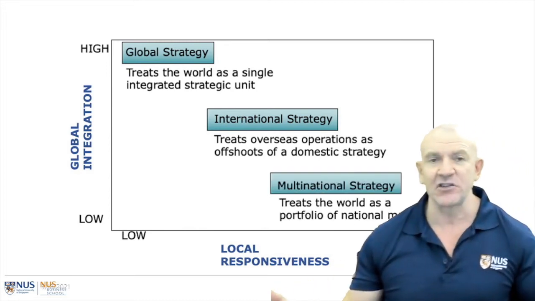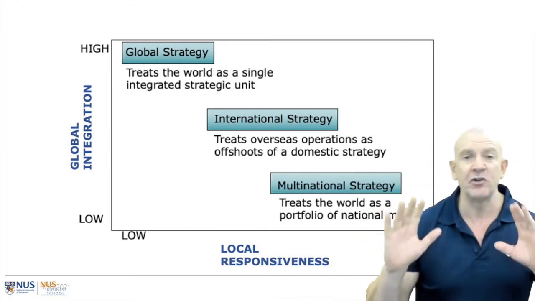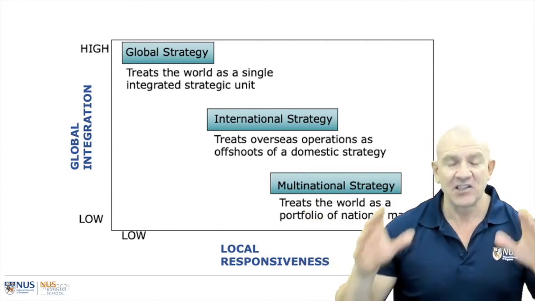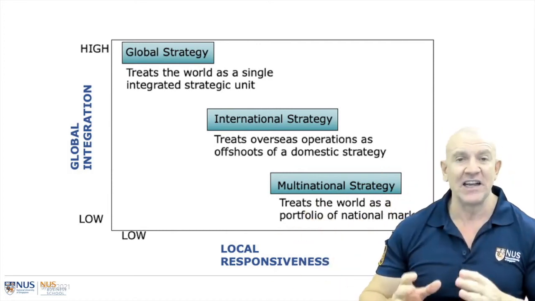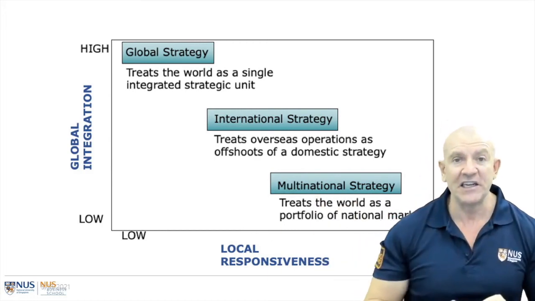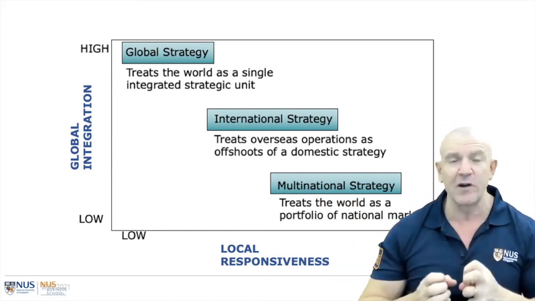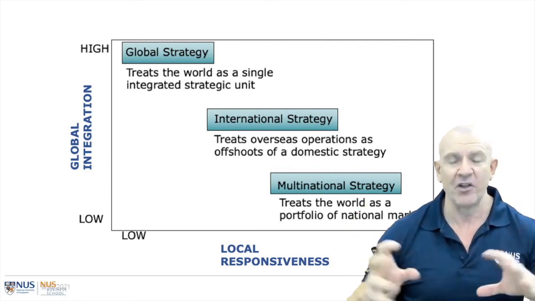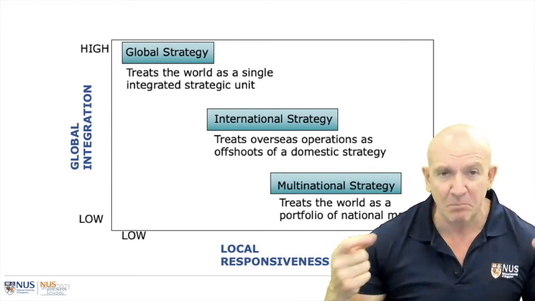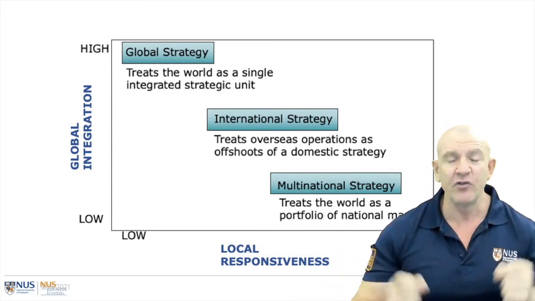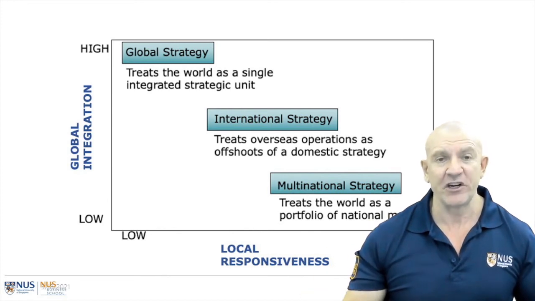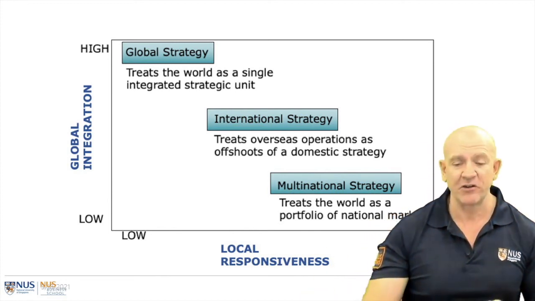Then we get to the multinational strategy, which is really where we treat the world as a portfolio of national markets. So we have all of these individual markets, and again, we have this decentralization where the idea is to pull revenues from multiple markets based upon the core product offerings as adapted to those markets as best as possible through the leadership of the managers in the country subsidiaries, right?